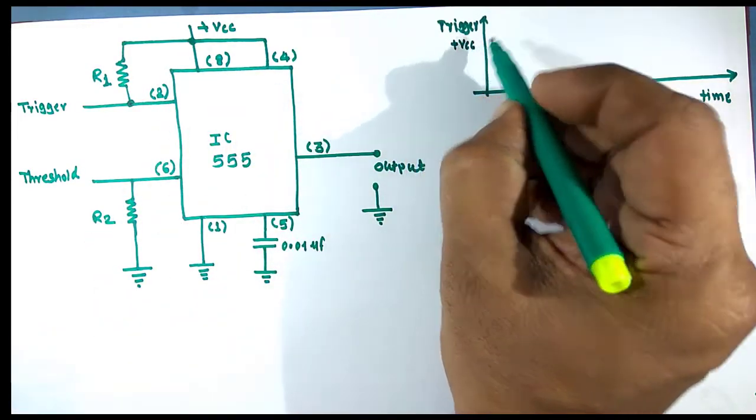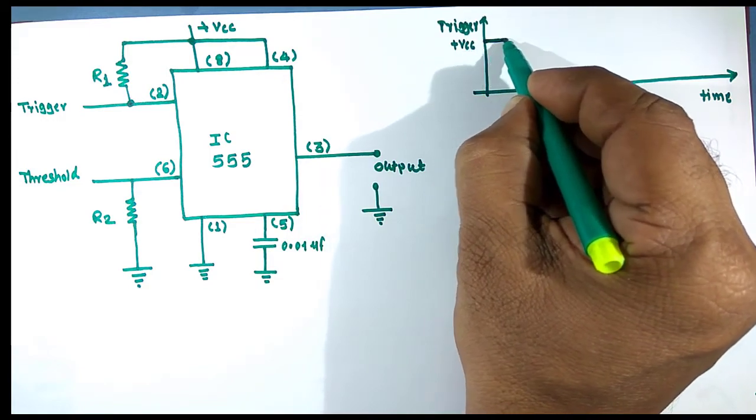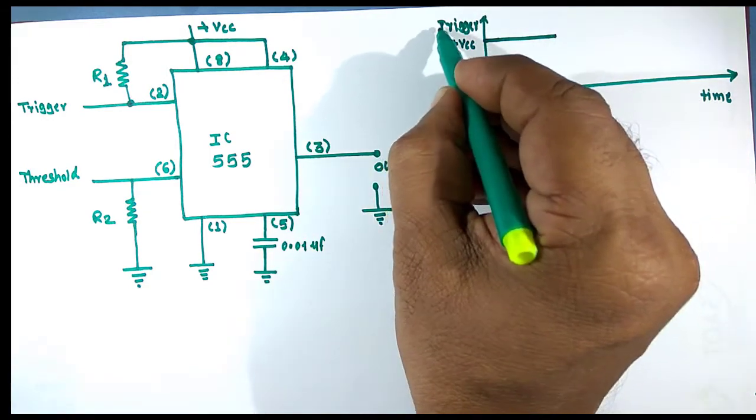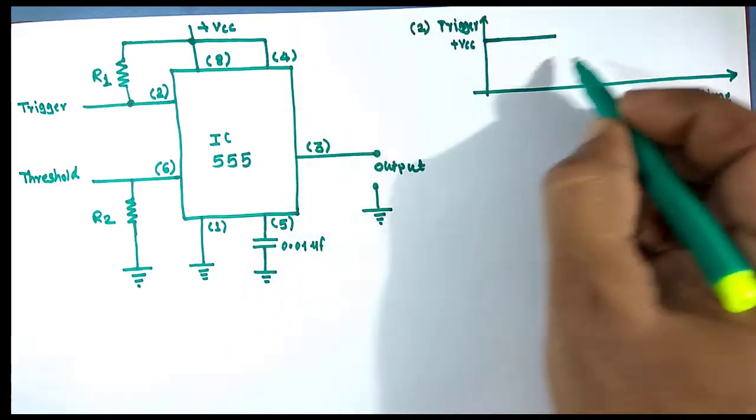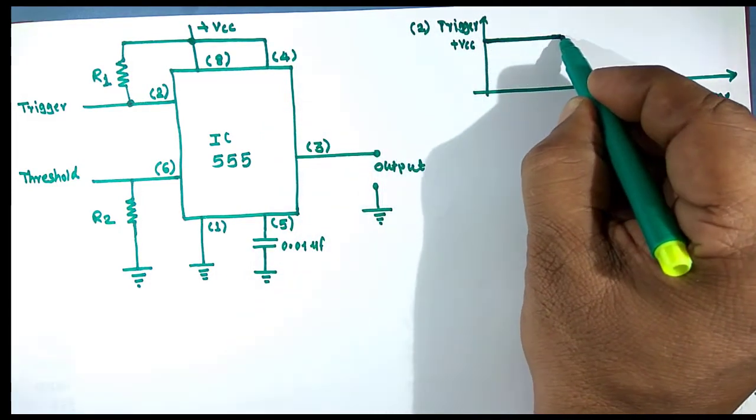So for example, this is VCC and voltage present at pin number 2, that is trigger input, is almost equal to plus VCC.